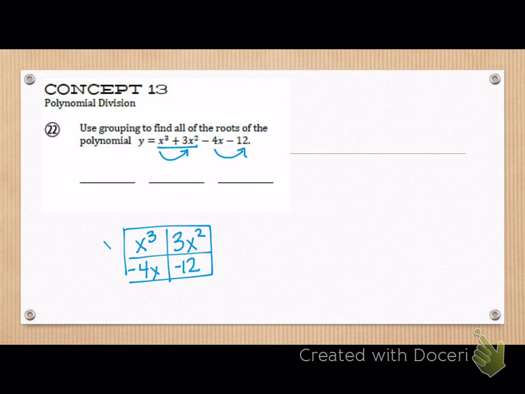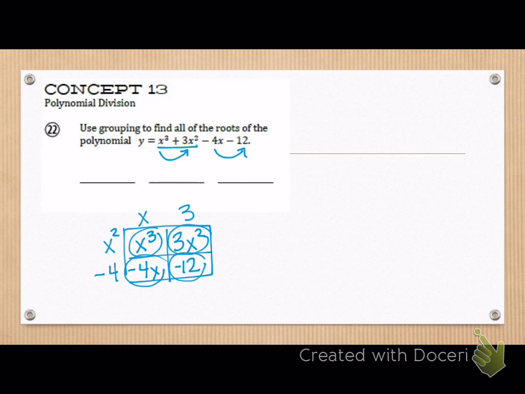So by factor by the box, I would say what? I can pull an x squared out of those, and then x would make this one happen. And this would be -4 to make that happen. And then I would need a 3 to make that happen. And wow, that's factorable like that.